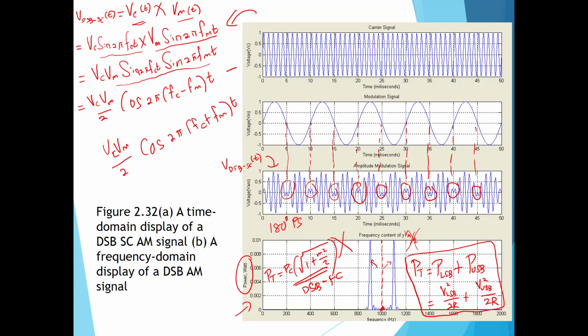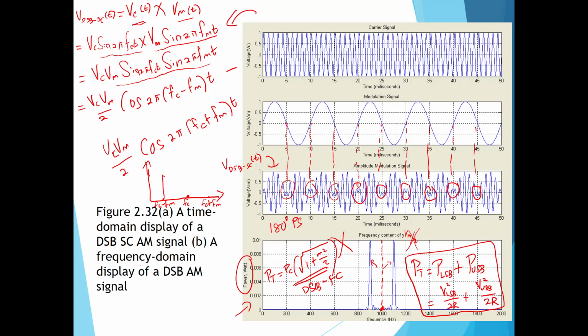Okay, and from here, if you draw the frequency spectrum, the carrier Fc has been suppressed completely, and this is Fc plus Fm over here, for example. Now here is Fc minus Fm over here, for example.